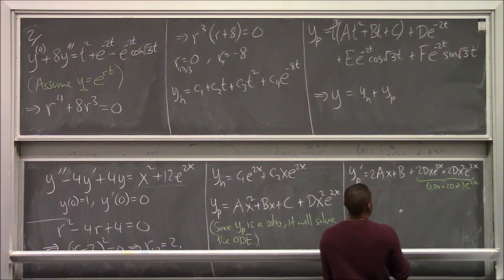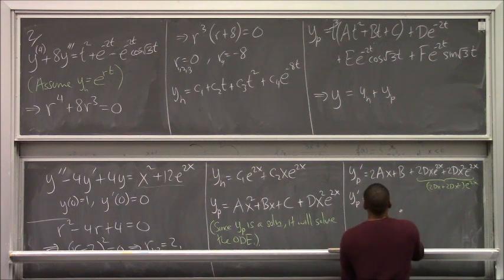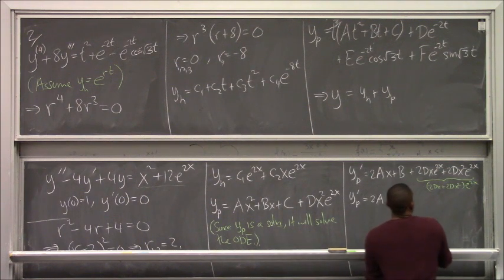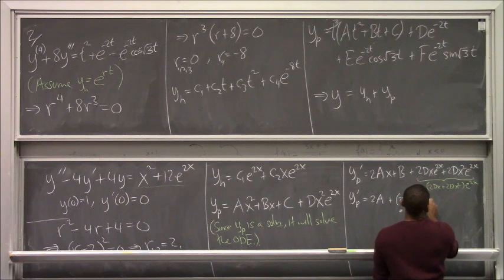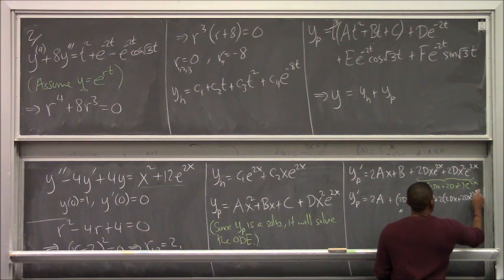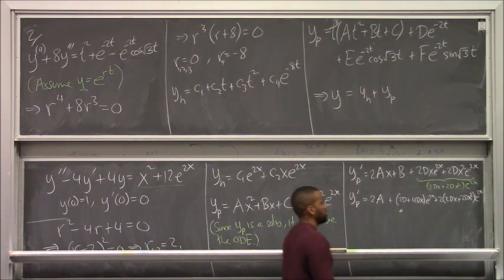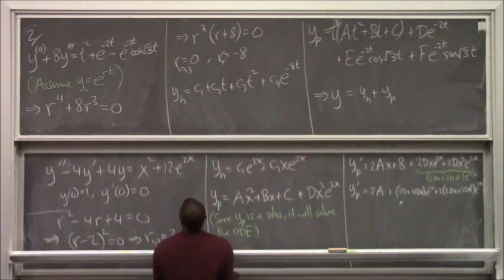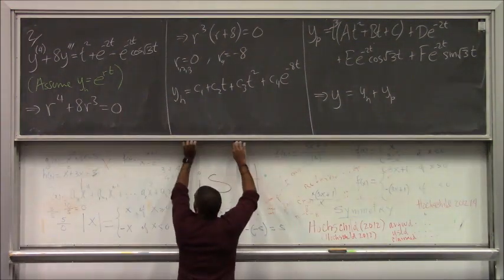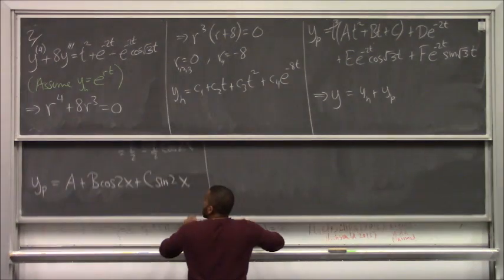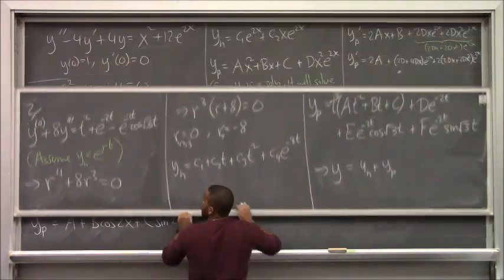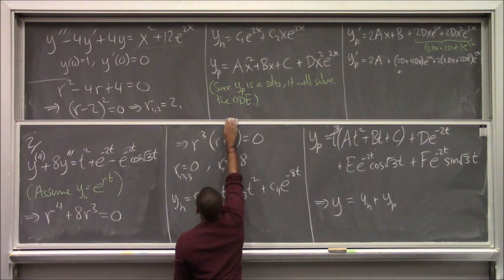So we differentiate this: 2a, plus 2d e to the 2x plus 4dx, and so on.